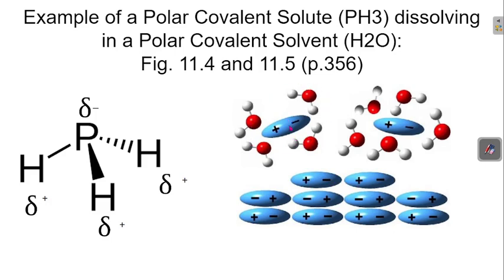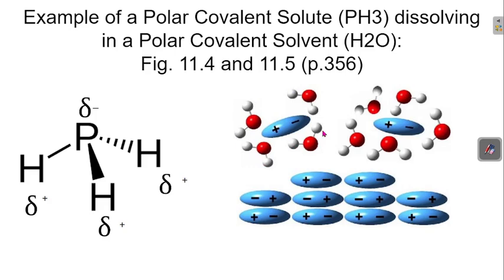The side of the molecule that's positive is surrounded by the oxygen, the negative side of the water, while the side that was negative, which is the phosphorus, will be surrounded by the hydrogen side of the water molecule, which is the positive side. So polar covalent molecules do not break apart. The whole molecule is pulled from the solid and then surrounded by water according to likes of charges.